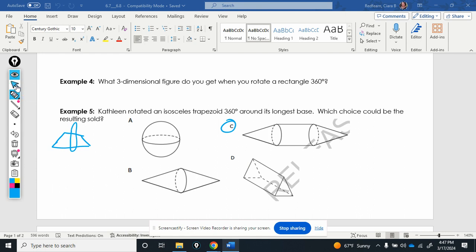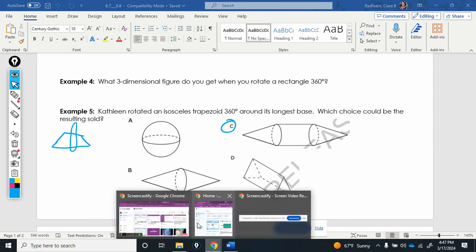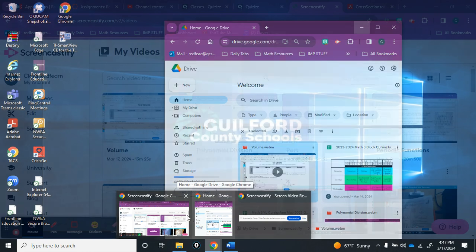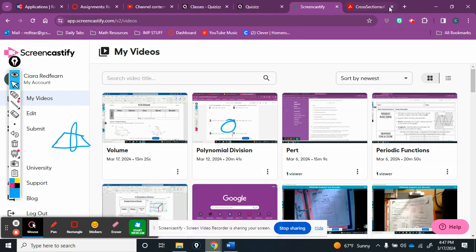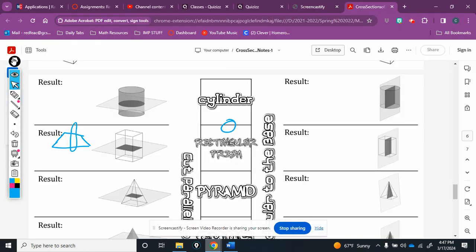Okay. All right. So let's go to our foldable that we have. We have cylinders here. So we're talking about cutting parallel to the base and cutting perpendicular to the base for each piece.